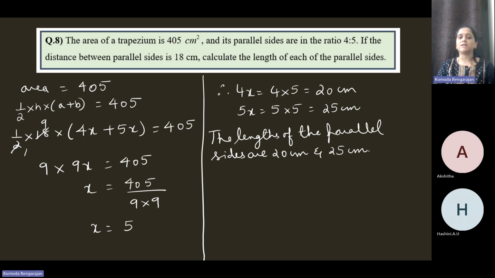Area is given, the parallel sides ratio is given, 4 is to 5. So 4x, 5x, and h is 18.